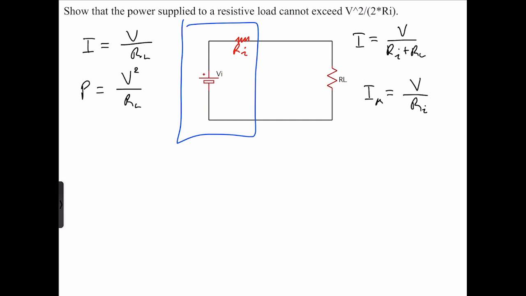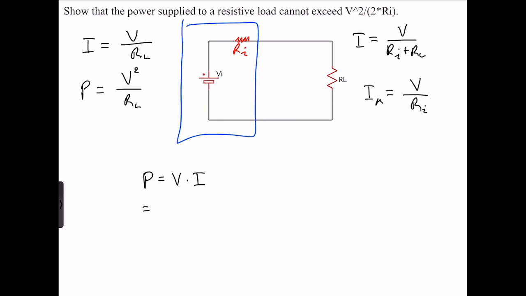So we know that I is equal to the terminal voltage divided by the total resistance of the circuit. Then P is equal to I times V, or V times I, doesn't matter how you write it.